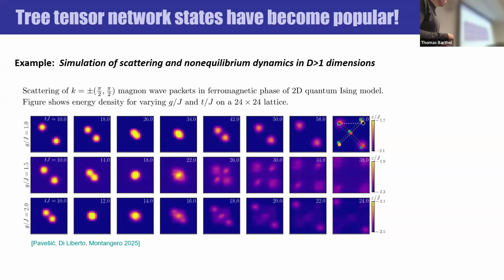What you see is two wave packets which collide, and then you may see some interesting resonances depending on where you are in the phase diagram.